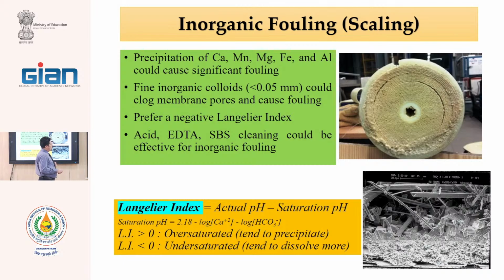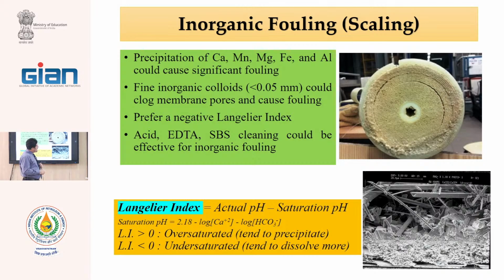The main components that cause this layer in river water and well water are calcium and bicarbonate. Therefore, we can use this equation to calculate the saturation pH from the calcium concentration and bicarbonate concentration, which we easily obtain with titration with EDTA and titration with acid. Okay?